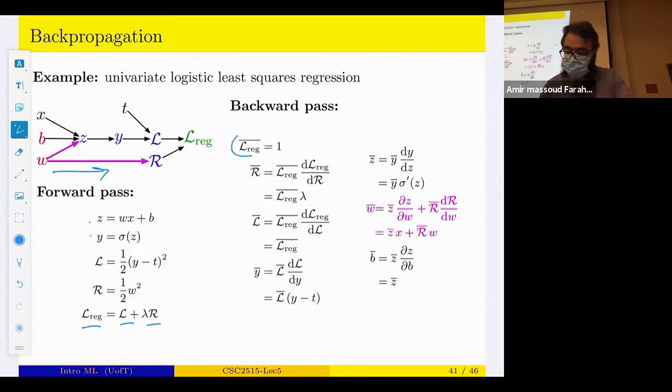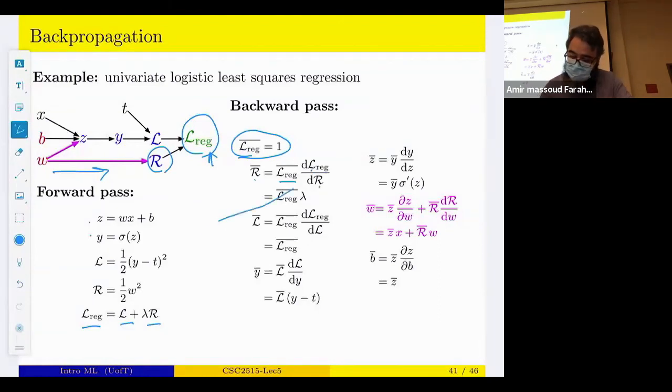So the derivative of L regularized with respect to itself is 1. So that's the end of it. And then the derivative of L regularized with respect to R would be the derivative of L regularized times d L regularized with respect to R.